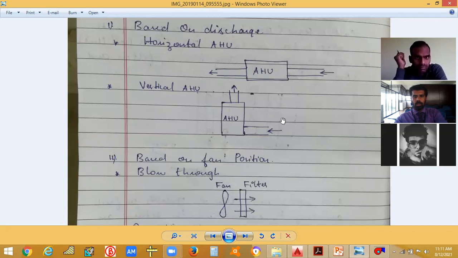There is a vertical also. You could give the air towards the top. So that is the type based on discharge. You could give the supply air and return air horizontally as well as vertically. So you can draw this based on discharge.